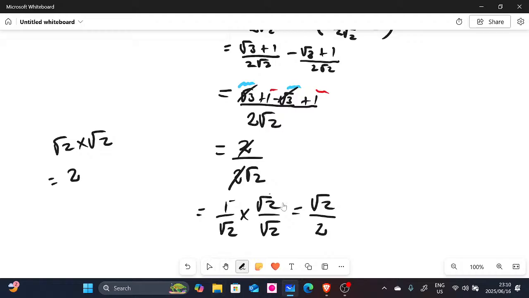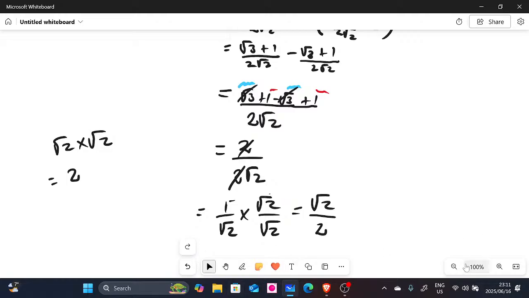So the answer here is actually 1 over root 2. This is also an answer, right? If we never mention rationalizing, this 1 over root 2 is also an answer. If you say rationalize, then you must multiply by root 2 over root 2, and then we have root 2 over 2. Do you guys see? I hope you can understand. Is there anyone who needs clarification here?